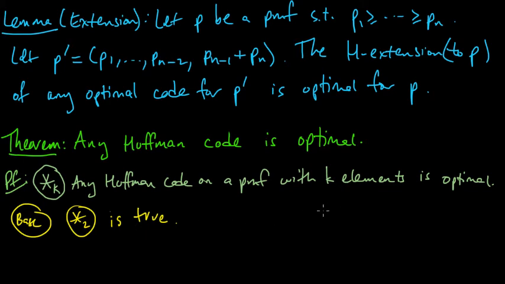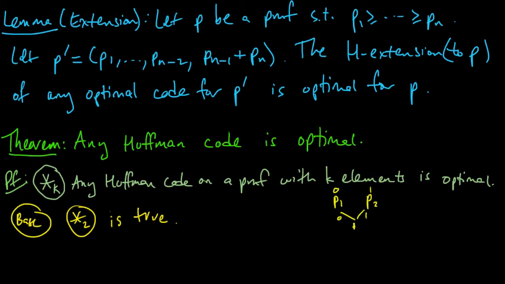But star 2 is true. Why? Because if you have P1 and P2, there's only one thing to do. You combine those, you get your Huffman code. It's code words 0 and 1, and there's nothing better than having one bit for each of your code words. That's the best uniquely decodable code you could have. So star 2 is true.